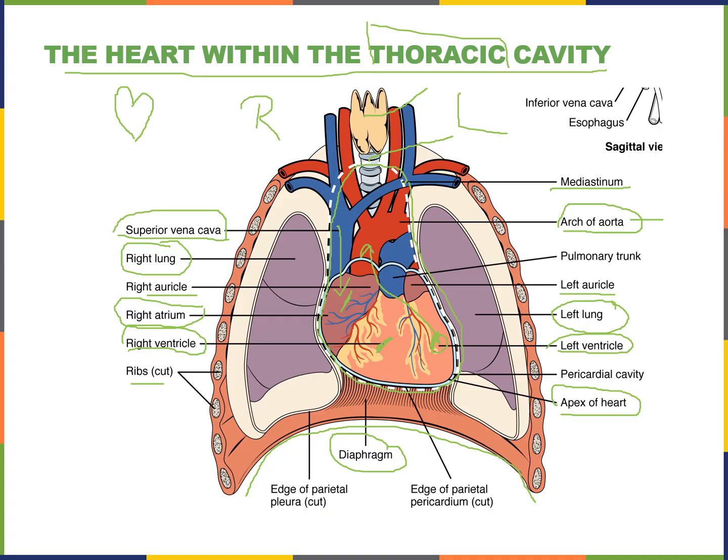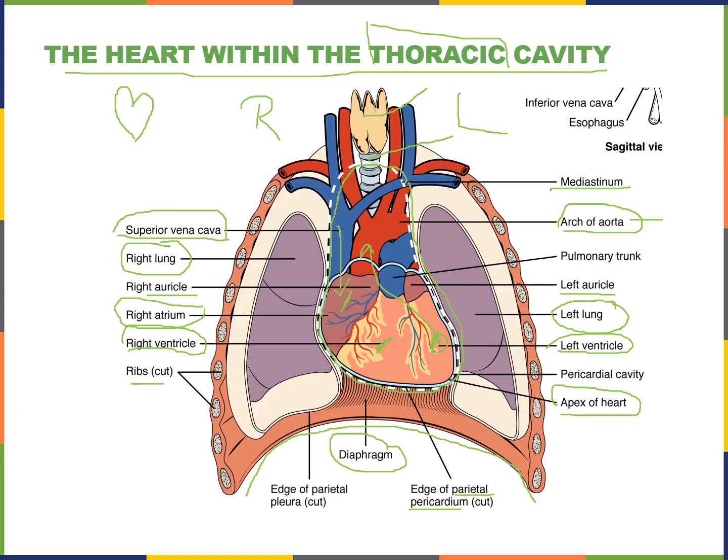Now, what is also shown here is the heart sits in a sac. And the sac has two layers, an outer layer and an inner layer. The inner layer touches the heart itself. And the outer layer is what's shown here, edge of the parietal pericardium.